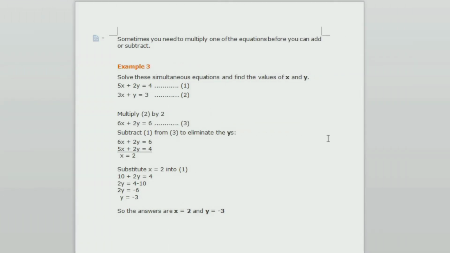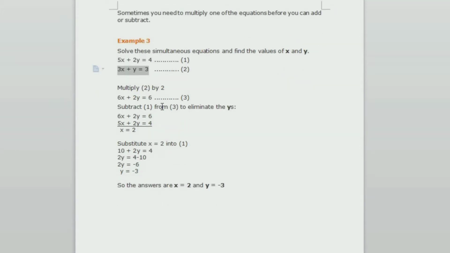But sometimes we need to multiply one of the equations before we can add or subtract. Now in this example, the simultaneous equations, 5x plus 2y equals 4, 3x plus y equals 3, we multiply the second equation by 2, making it 6x plus 2y equals 6, which becomes the third equation.